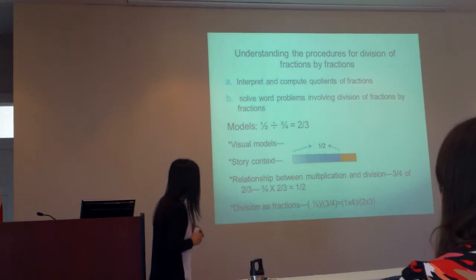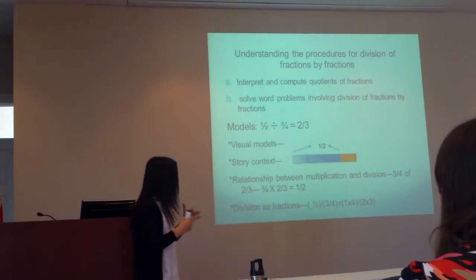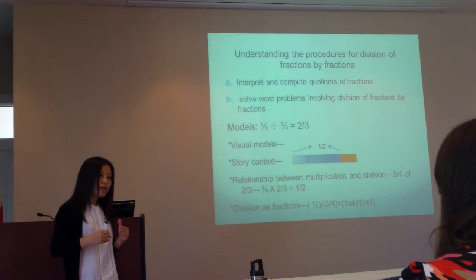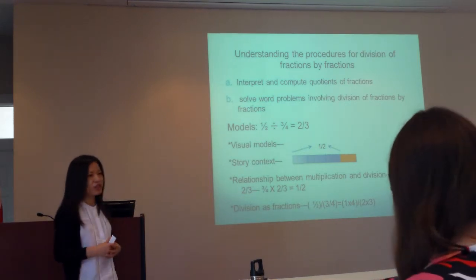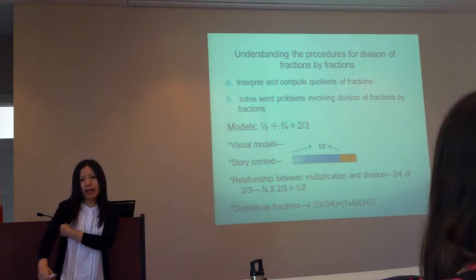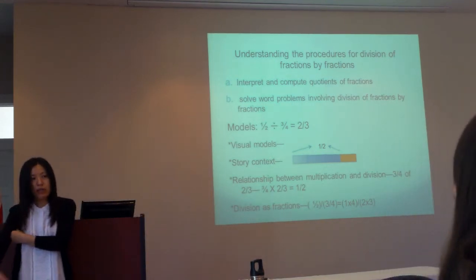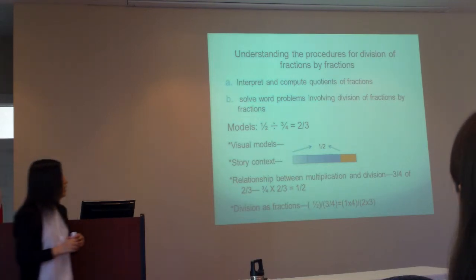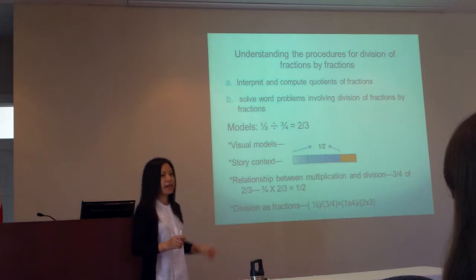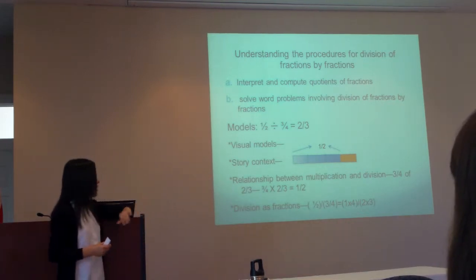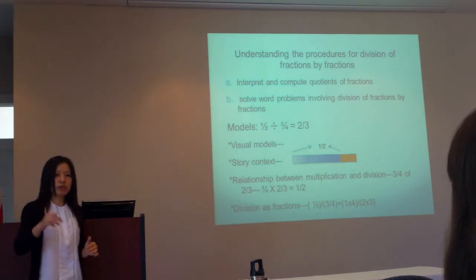The other mathematical way Common Core suggested is to help students consider division as a fraction. Right now, most textbooks and teachers show students that the fraction bar is also a division sign. So how about we consider the division sign as a fraction bar? Then 1/2 divided by 3/4, we can write as 1/2 over 3/4.